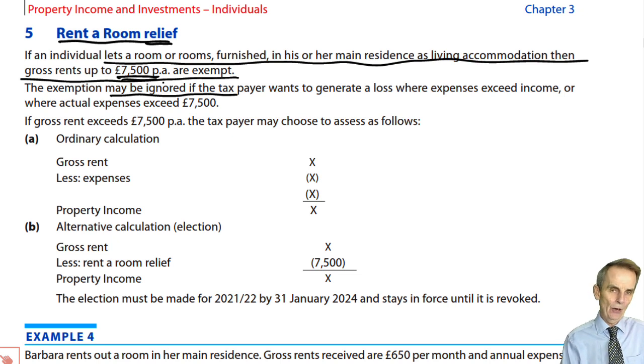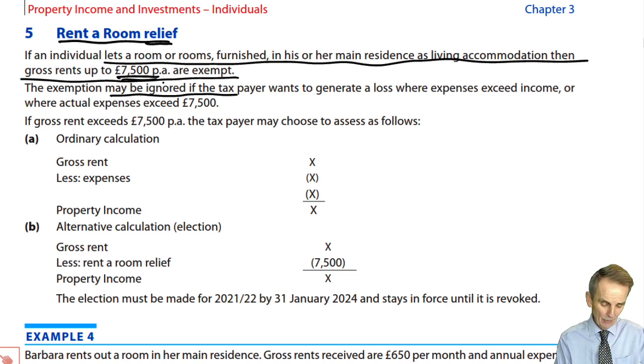So if our rental income from renting out the room or rooms in our property is less than £7,500, so we let out and we get £6,000 worth of income, then that's less than 7.5, it is exempt. If we go down this route and we had, say, £8,000 of income, then the first £7,500 would be exempt. And on that basis, only £500 would be taxable.